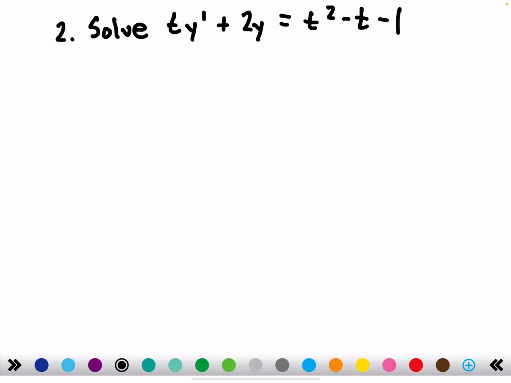Number 2, solve t y prime plus 2y equals t squared minus t minus 1. And step number 1 is write the equation in the proper form.